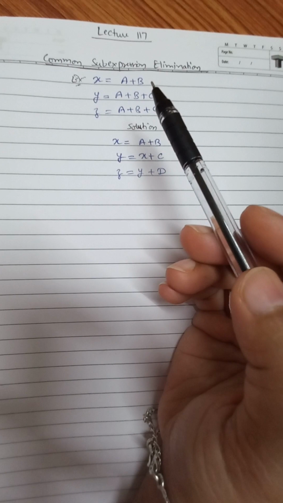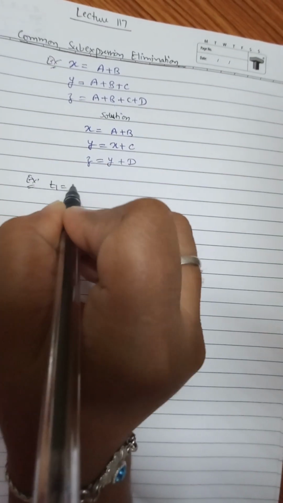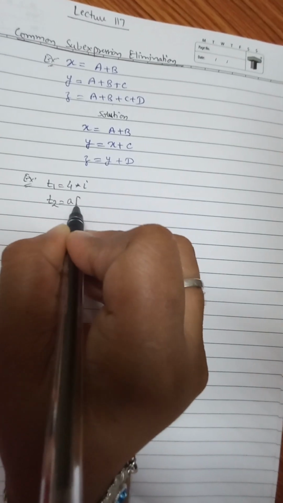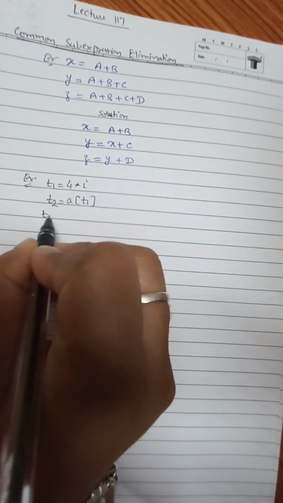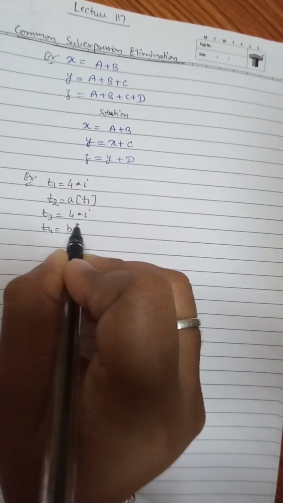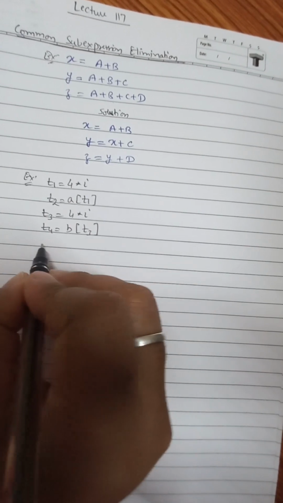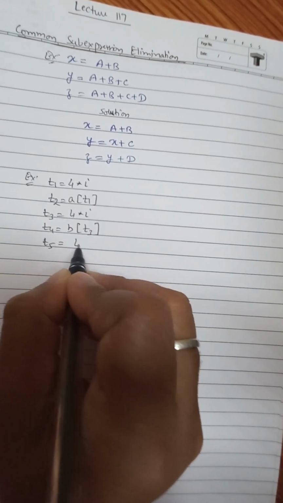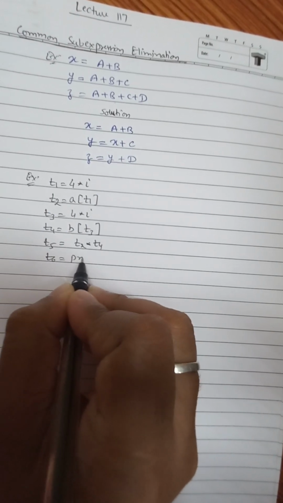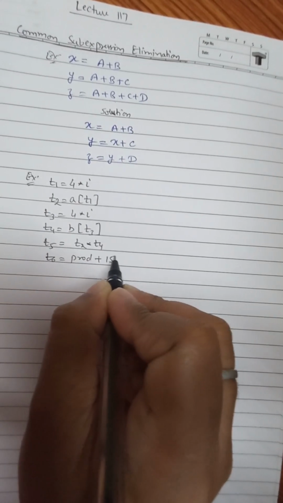Now I am taking another example so that you can understand it better. Suppose this is the code. T1 is equal to 4 into I. T2 is equal to array of T1. T3 is equal to 4 into I. T4 is equal to array of B. T5 is equal to T2 into T4. T6 is equal to product plus 15.